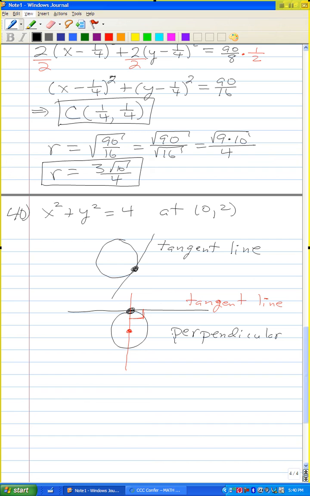So the tangent line here is perpendicular to the diameter. So that means that if I had any sort of circle and I looked at its diameter, then the diameter and the tangent line would be perpendicular to each other.